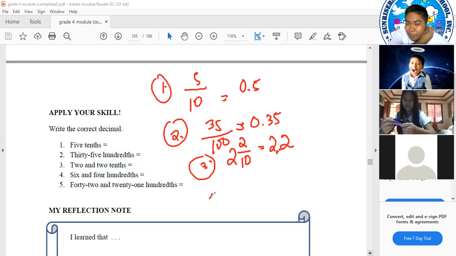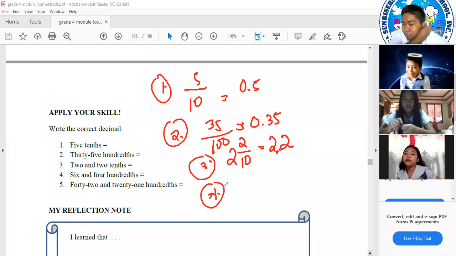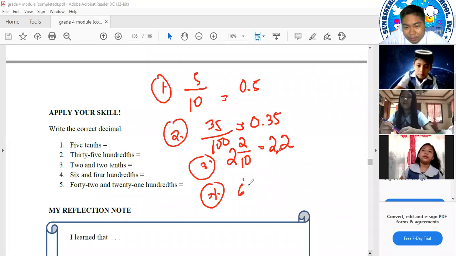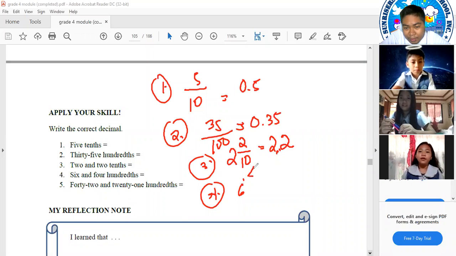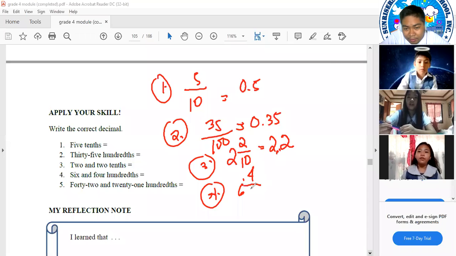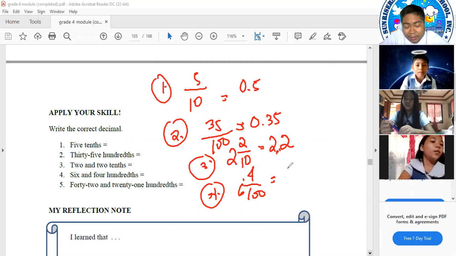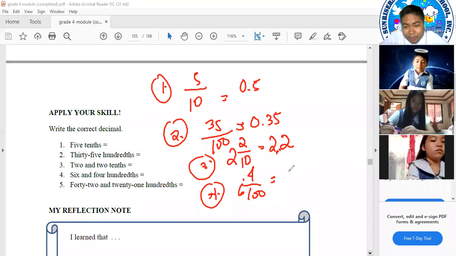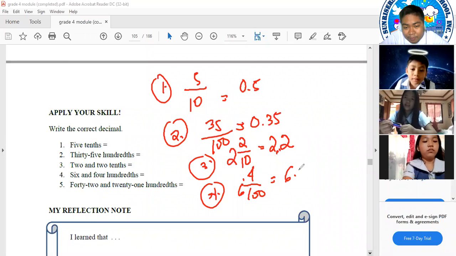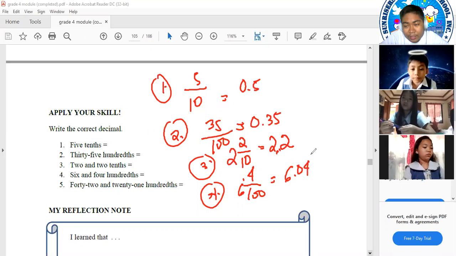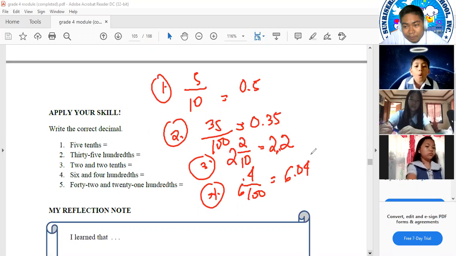Okay, how about number 4? 6 as a whole number and 4 hundredths. What would be the decimal form? 6.04. Kuha? Yes po, sir.